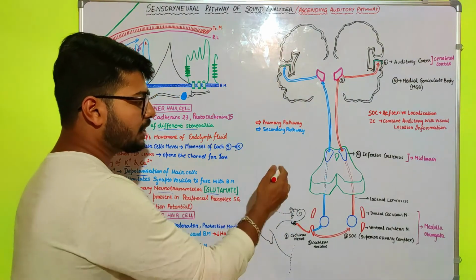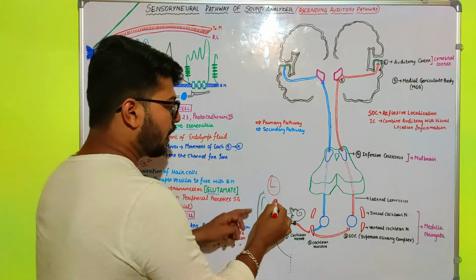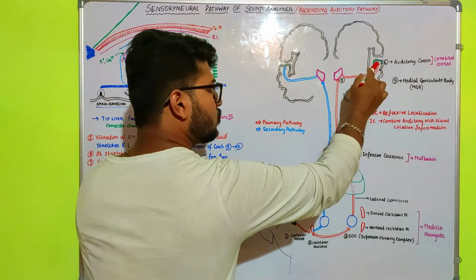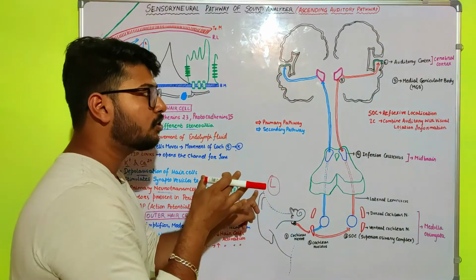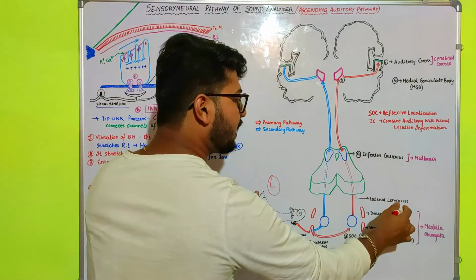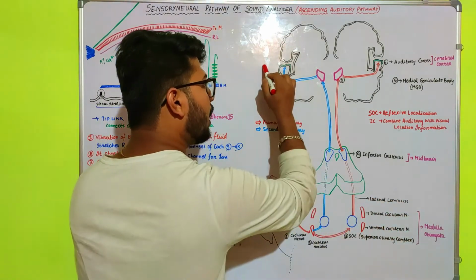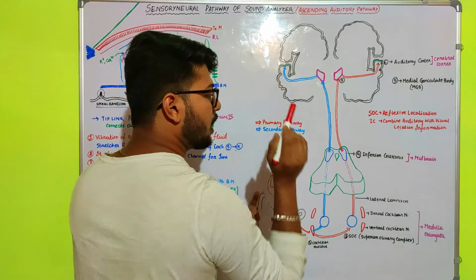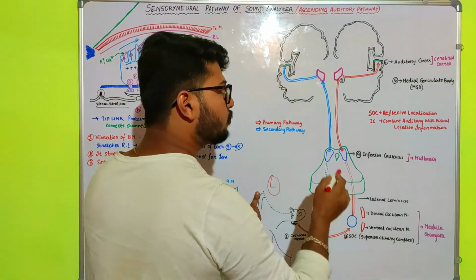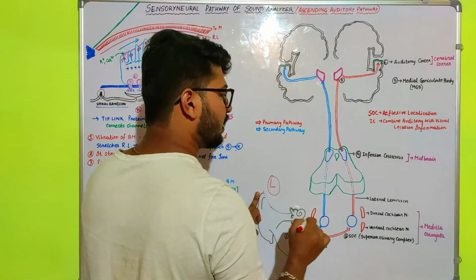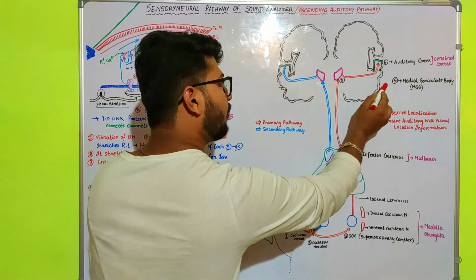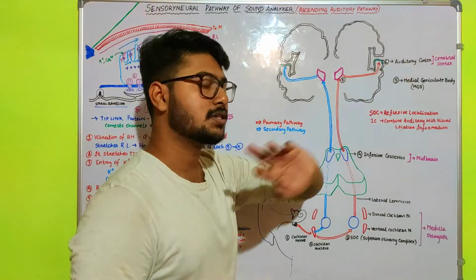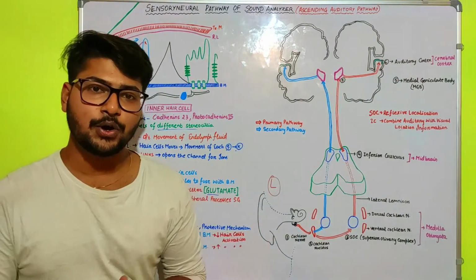Okay, so when there is pathology at the left, as it provides the information to the right auditory cortex, that cortex will receive less information, but the right ear is functioning well, so it will provide much more information to the left auditory cortex, but along with that it is going to provide some information in the secondary pathway to the right auditory cortex. Okay, so this was all about our today's topic.